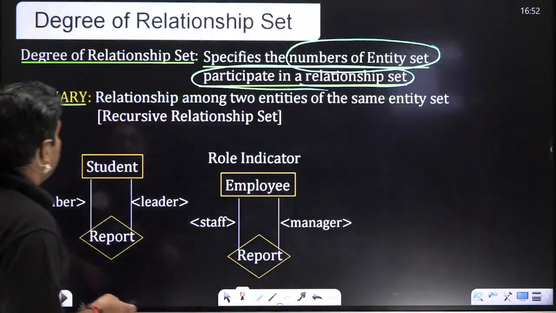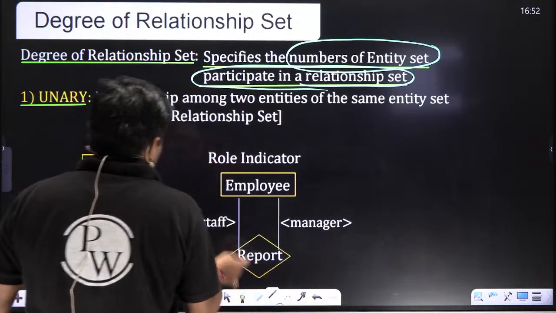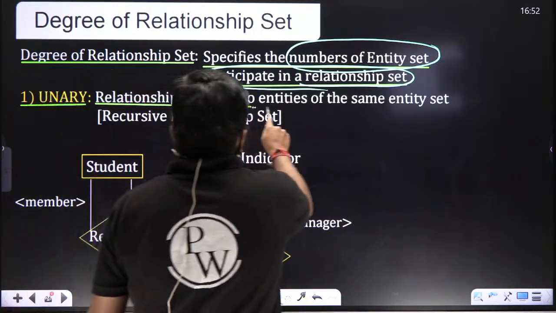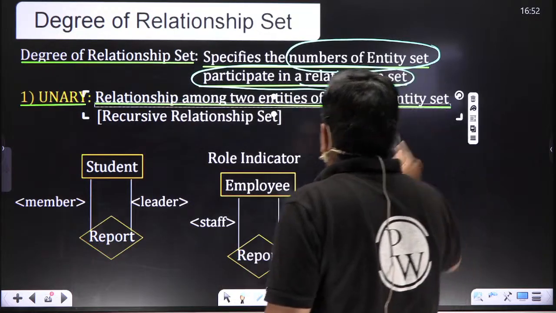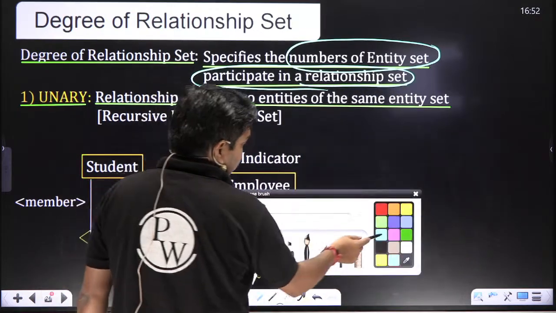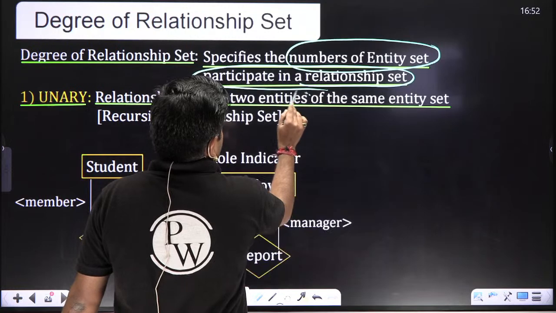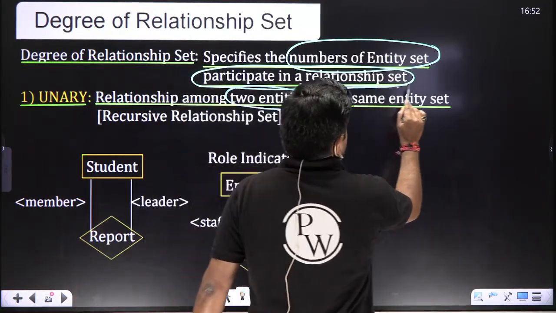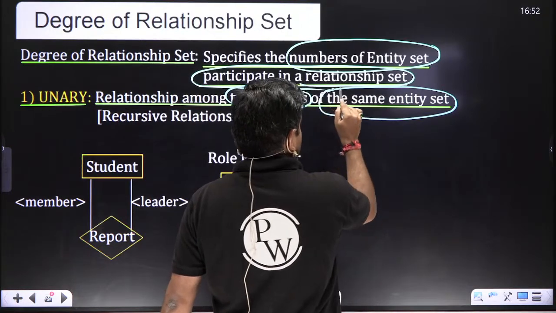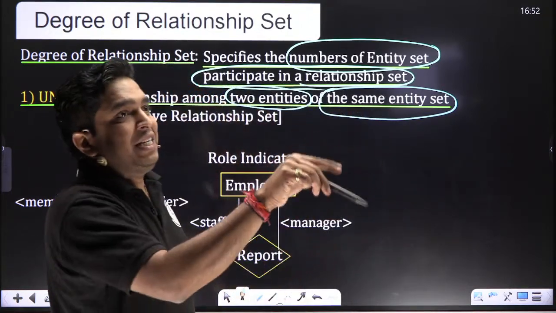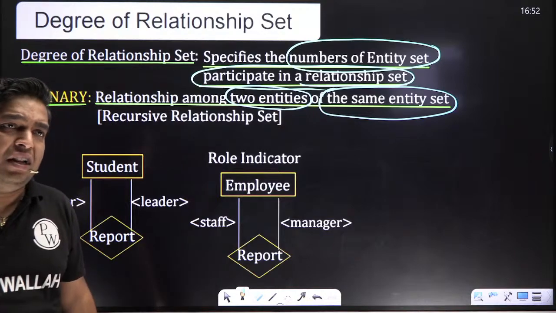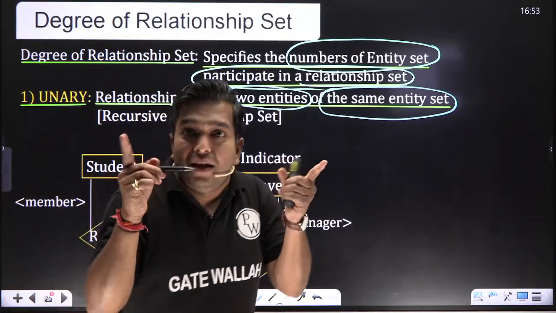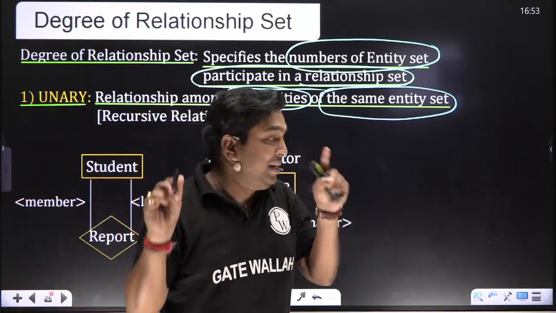So a unary relationship is a relationship among two entities of the same entity set. Are you getting the feel? Two candidates but the same company.